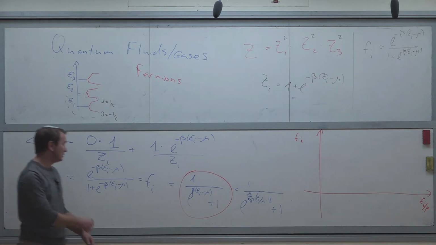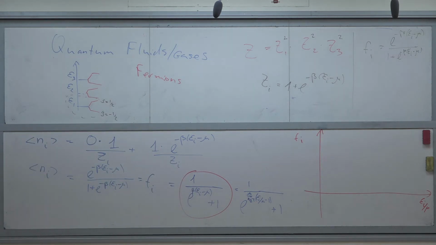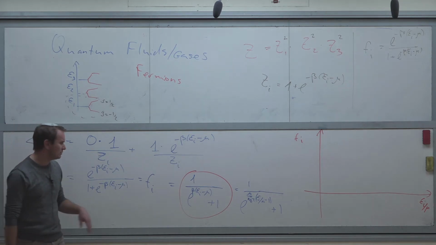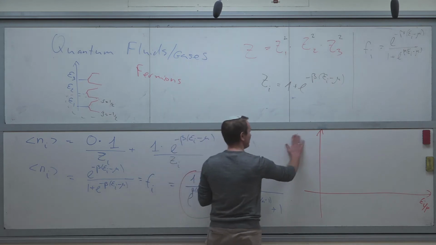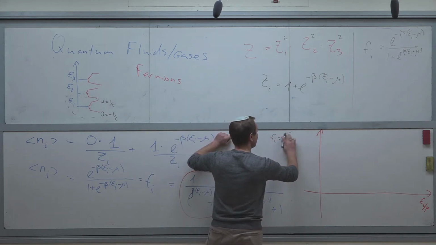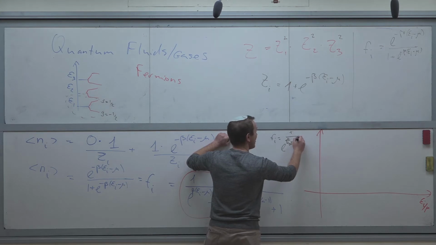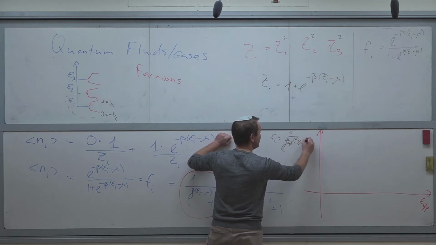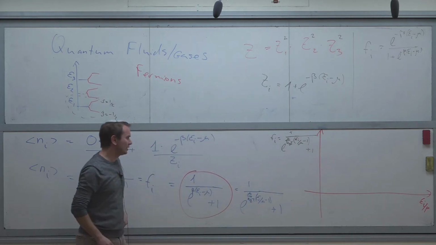So first of all, if mu is something like 1 k Boltzmann T, let's write it down, Fi equals 1 over e to the power (epsilon I divided by mu minus 1) divided by k Boltzmann T, plus 1. This is the function that we are plotting.